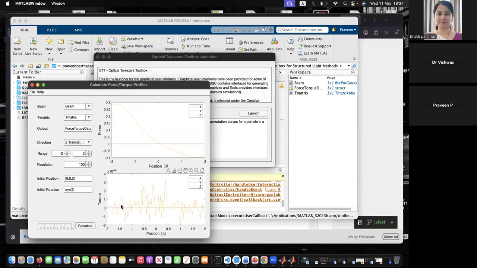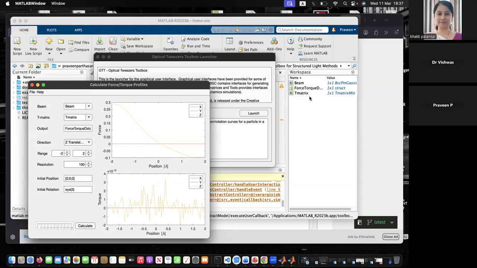So here, since it's simply an introduction, we are going to look at the force on a spherical particle. Okay, and this is essentially the range that you can choose. You can choose it to be translated from -2 microns to +2 microns. Okay, so this is really the force torque profile.